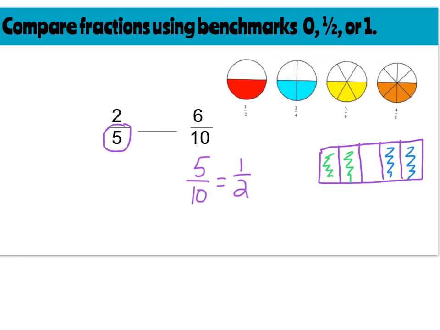So I can think of it as we would each get 2, and I can cut this in half again. We would each get 2.5 pieces. So we would get 2 full fifths and then a half of a fifth.